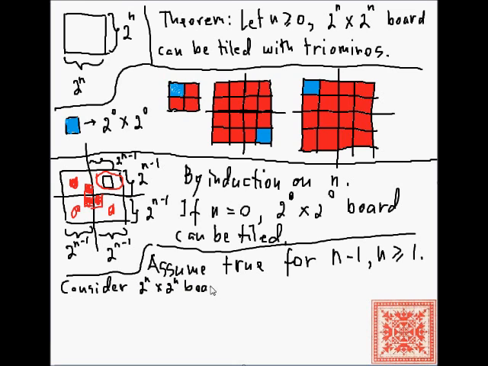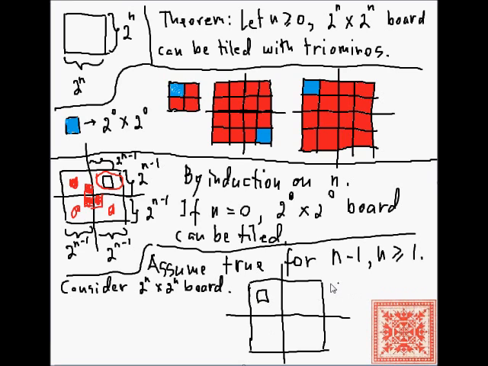Since we know the location of the missing tile, we can place the center tile in such a way that none of its squares is in the 2 to the n minus 1 by 2 to the n minus 1 subboard with the original missing tile. Then we recursively tile the subboards, which can be tiled by the inductive hypothesis, by treating the 3 squares of the center triomino as missing tiles in their corresponding subboards.